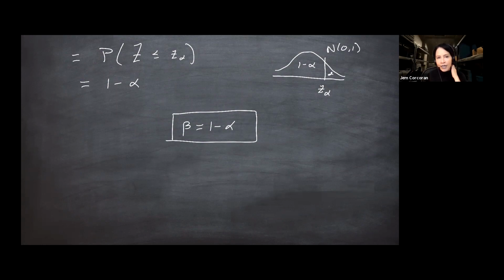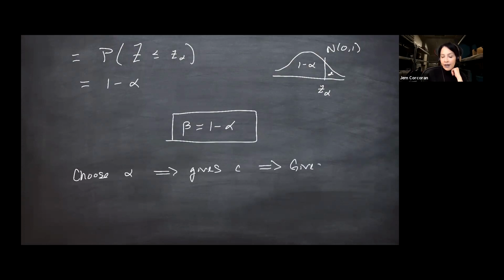But we decided to pick an alpha, right? So we choose alpha, and then that gives us a cutoff, C, and it gives us the test. And then this automatically gives us a beta, and we're just kind of stuck with that.